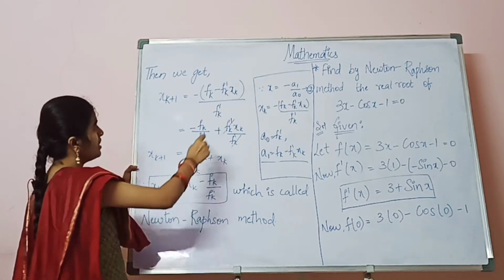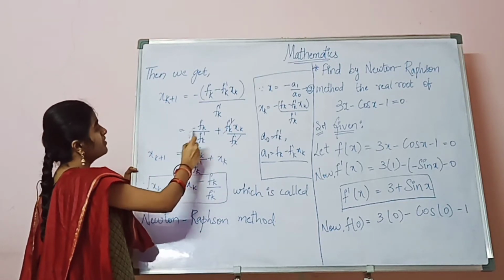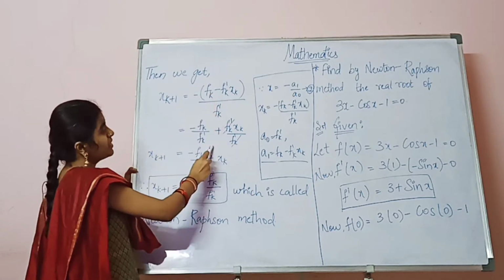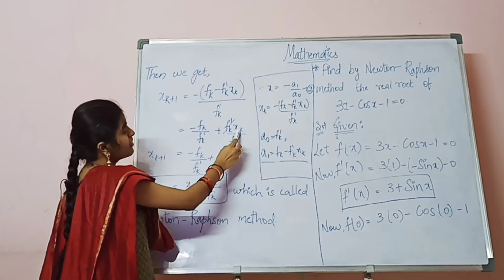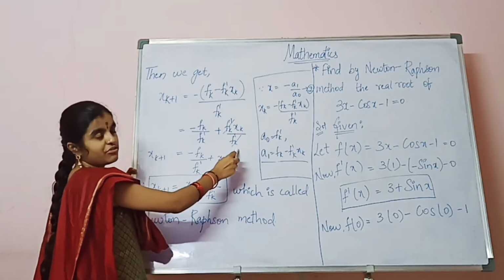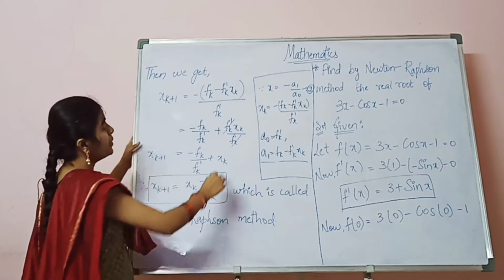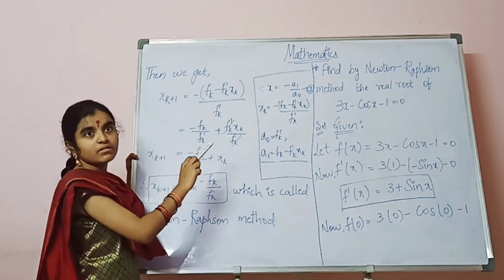Now we separate this: minus fk by f dash k, and minus into minus becomes plus f dash k xk by f dash k. Here f dash k will be cancelled.